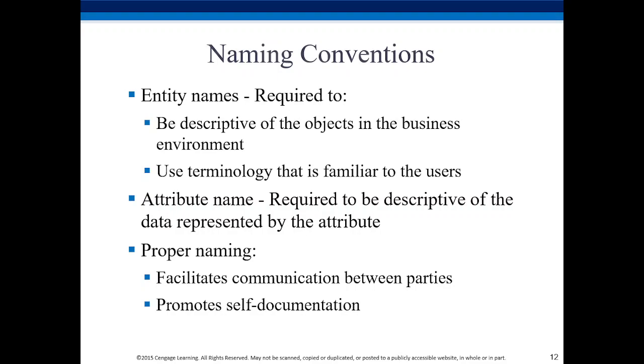If the data is the ID of a student, the attribute name is student ID. If the data is a string, the last name of the student, the attribute name is student last name.